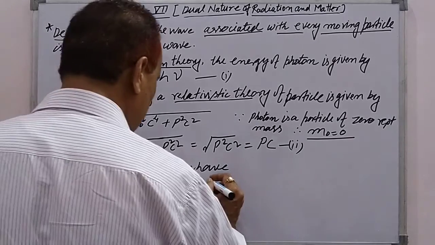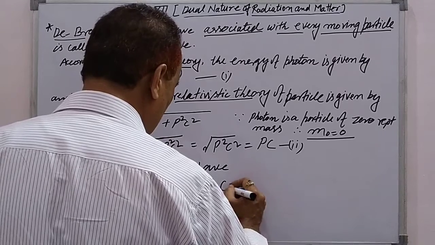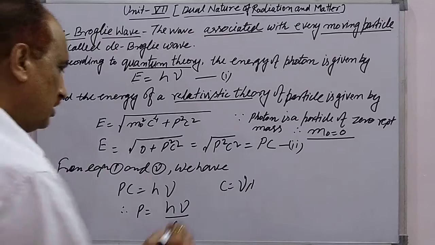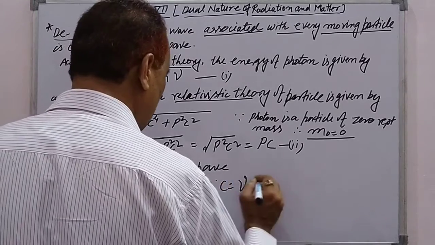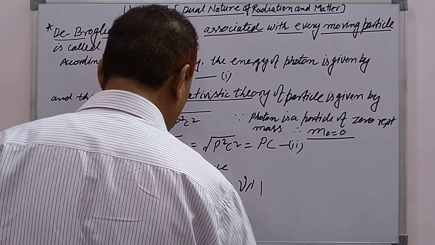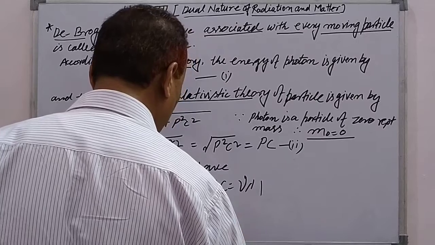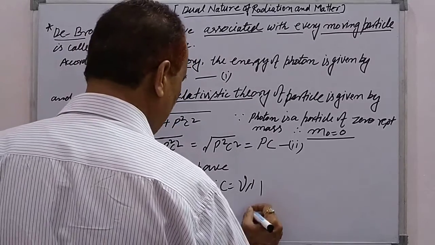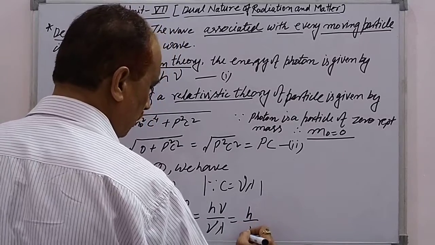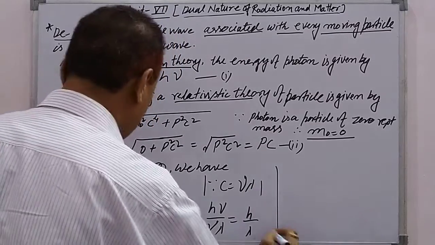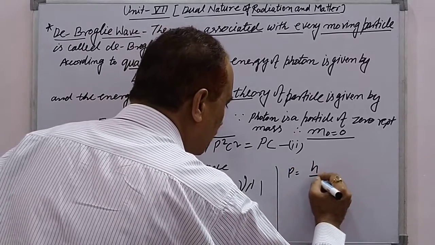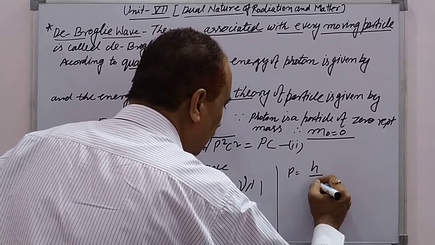Now we know that c is equal to nu lambda, where lambda is the wavelength of the radiation. So it is equal to h nu upon nu lambda, nu cancels nu, and we get h upon lambda. So the relation is p equal to h upon lambda.